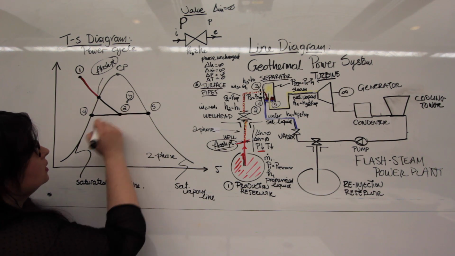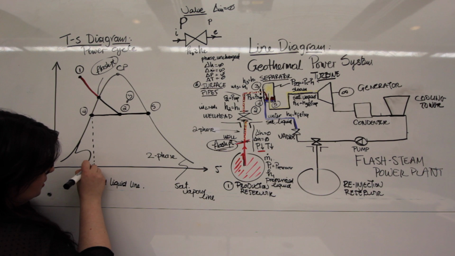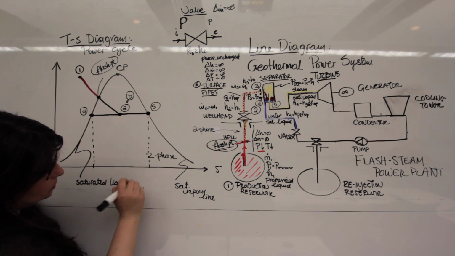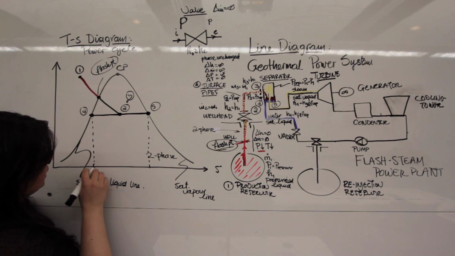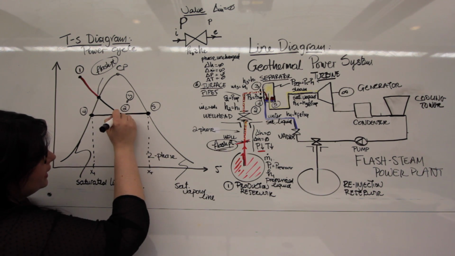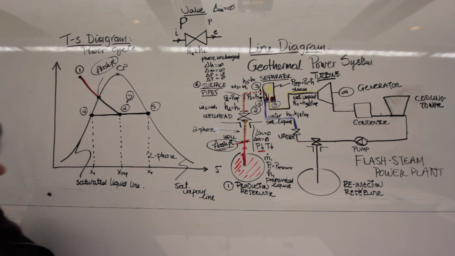Now as I said before, if I were to take normal projection to this axis, I will have x4 here, I will have x5 here, and at this point I will have my x of the separator.